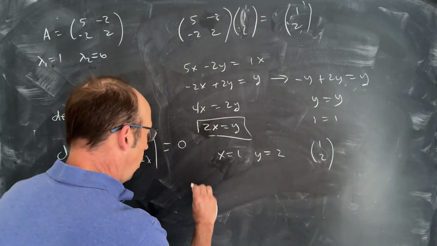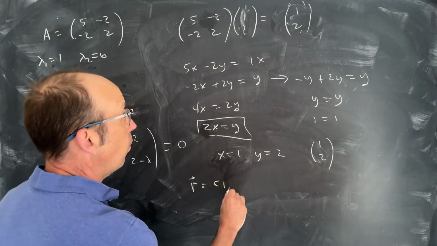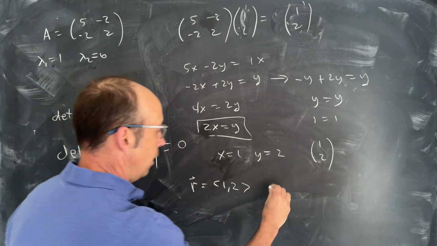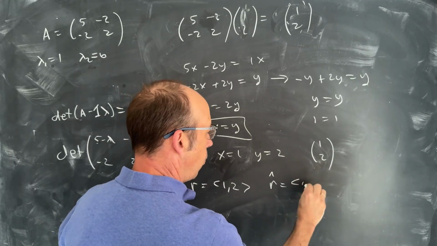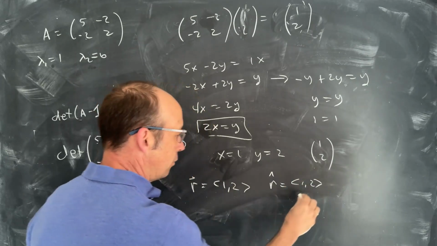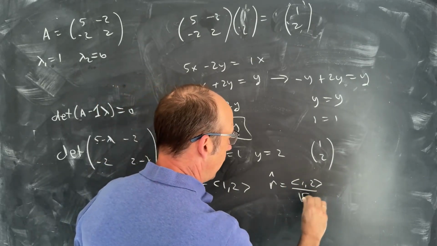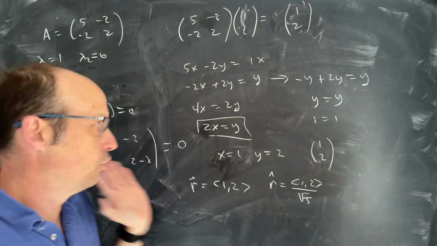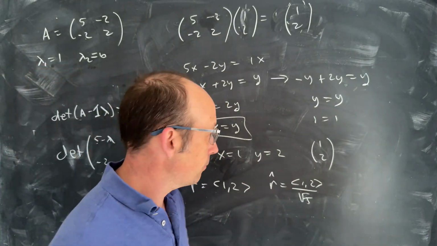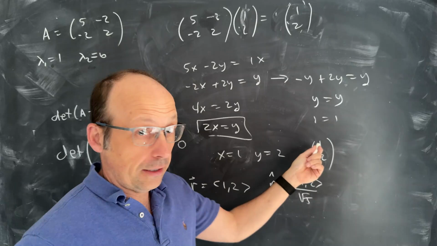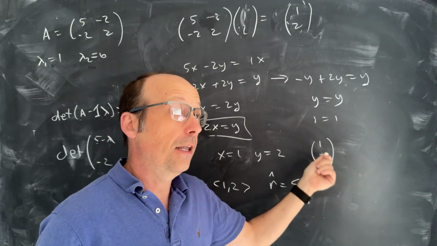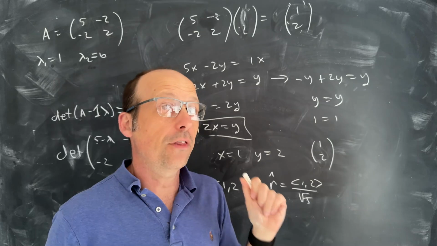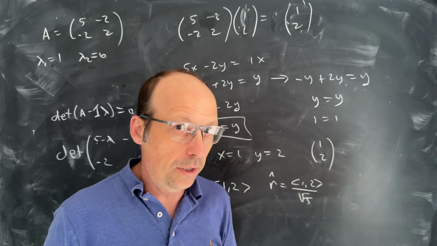If I say r is the vector 1, 2, then we would write r hat as the vector 1, 2 divided by the magnitude, which is going to be the square root of 5. Normally we would put it in as normalized. Let's check if this is indeed an eigenvector with our Python, and then I'm going to solve for the other eigenvector with real Python.